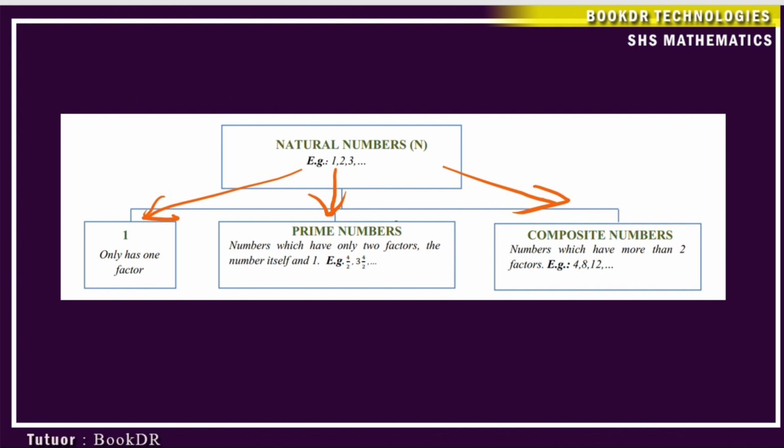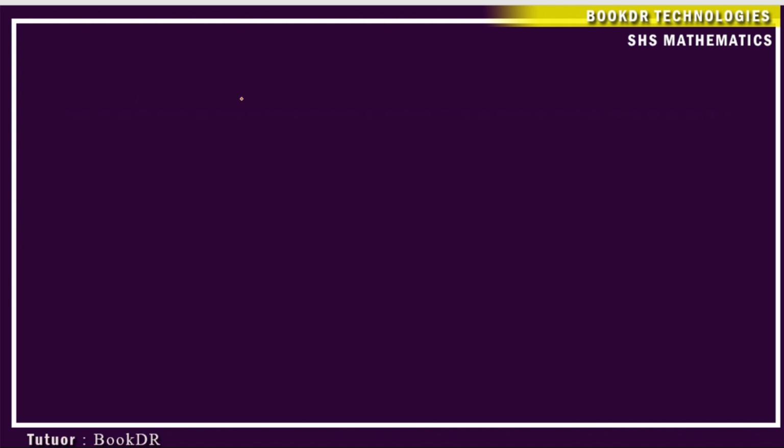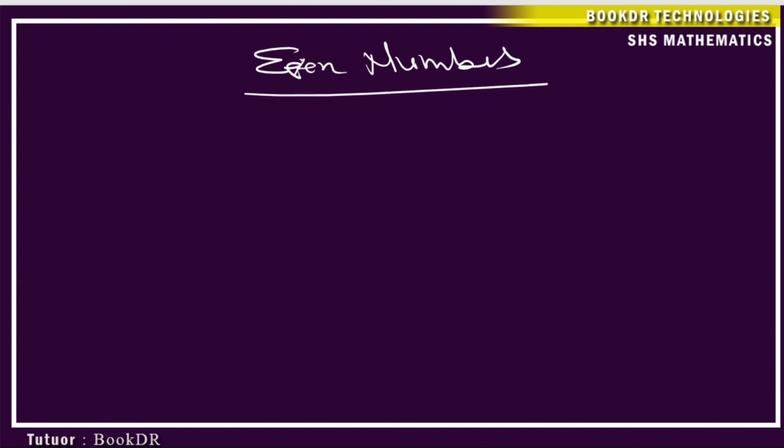By that definition, 0 is an even number. When you are listing even numbers, we start from 0, then 2, 4, etc. It includes 0 because 0 is divisible by 2.